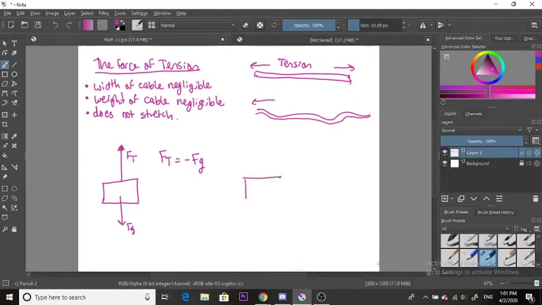If we look at this example again, where we are pulling along the ground, and we have your friction force acting against it, let's neglect these forces here. We have the gravitational force and we have the normal force as well. But we can ignore those in this case because the movement is happening going left and right. It's happening in the horizontal.